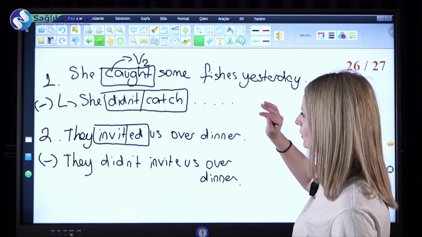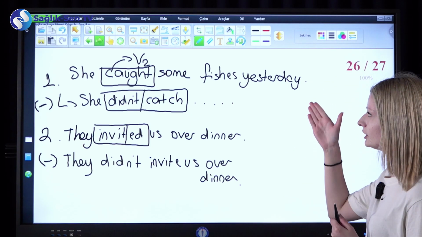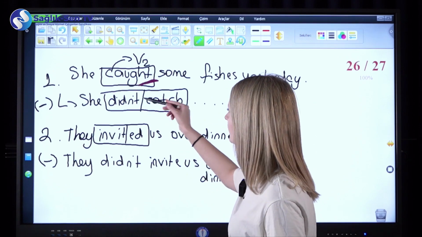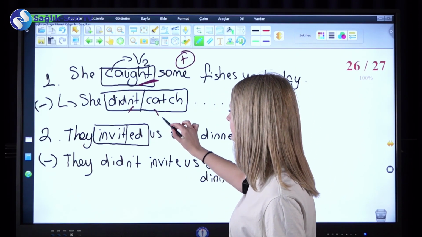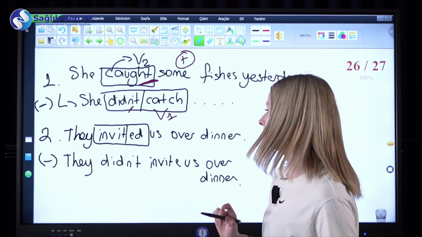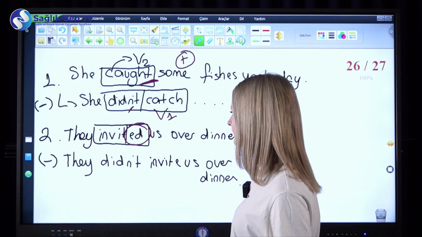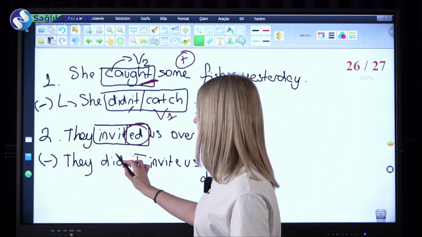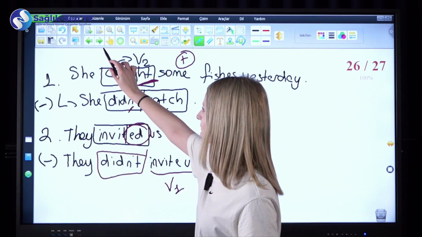Then we transformed some affirmative sentences into the negative ones. She caught some fish yesterday. You can see the verb 2 form in the positive sentence, but in the negative one, didn't and verb 1. In our second example, again, you can see our verb 2. This is a regular one. And in the negative one, we use didn't and verb 1.